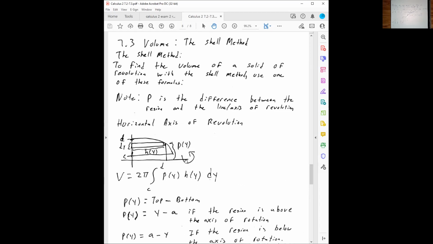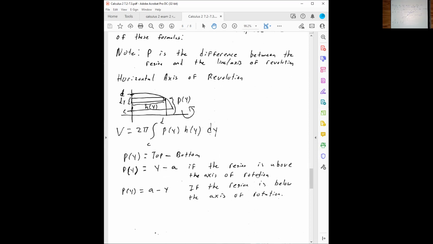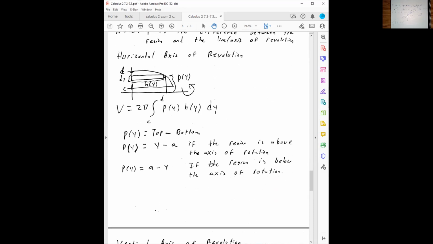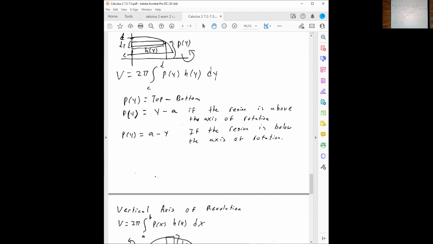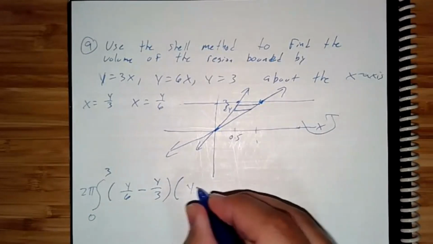We're revolving on the x-axis, which means it's 0, right? So if the region is above the rotation, it's going to be y minus the rotation axis. So it's going to be y minus 0. If the region is below, it should be 0 minus y. Okay. So it should be, yeah, it should be just this.